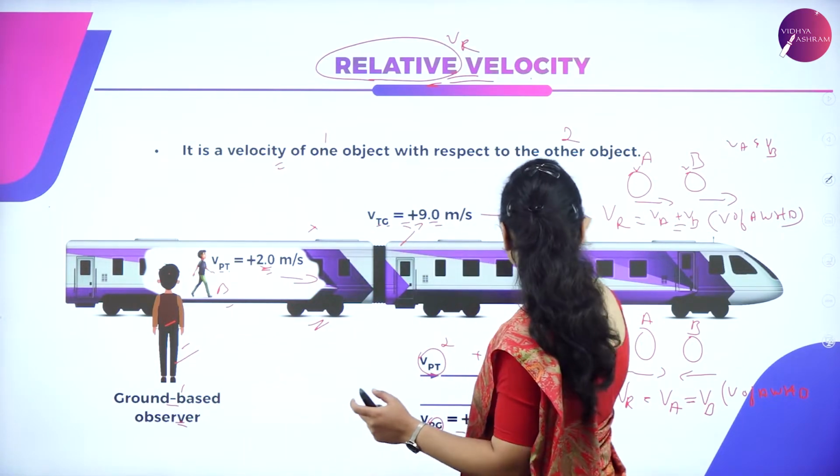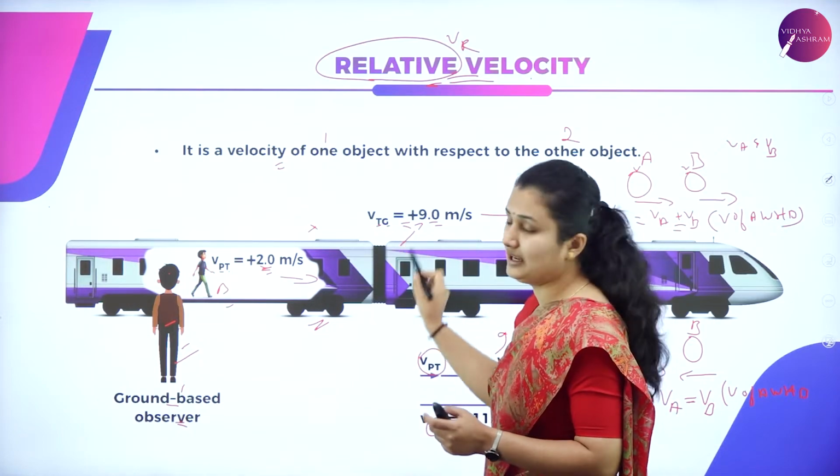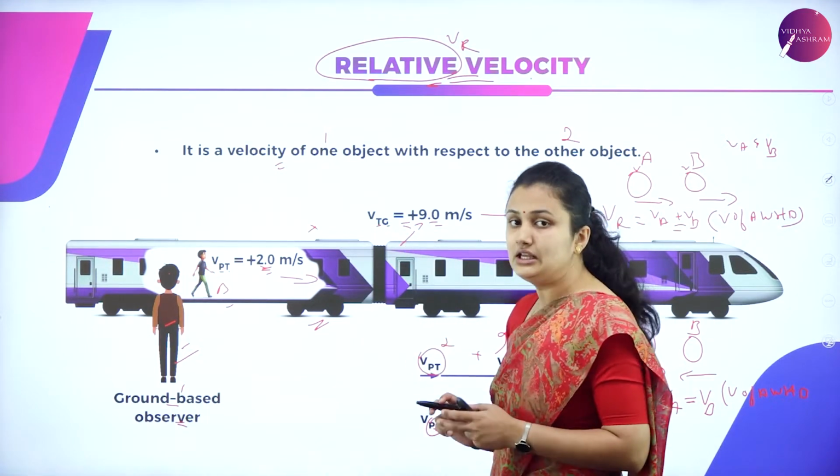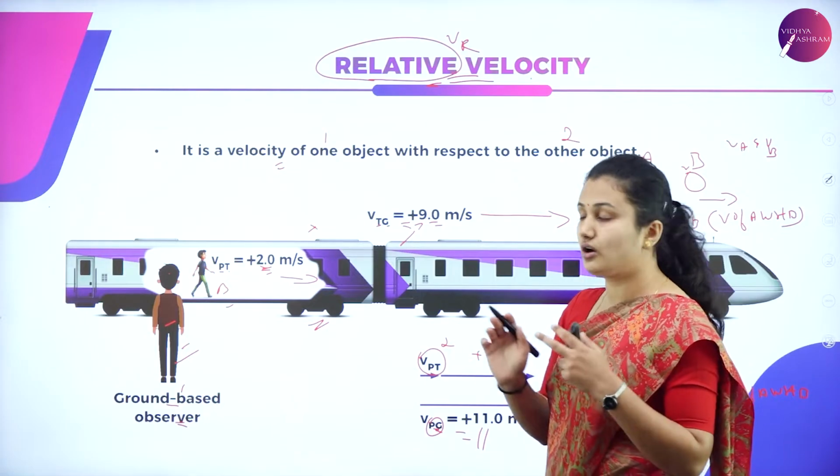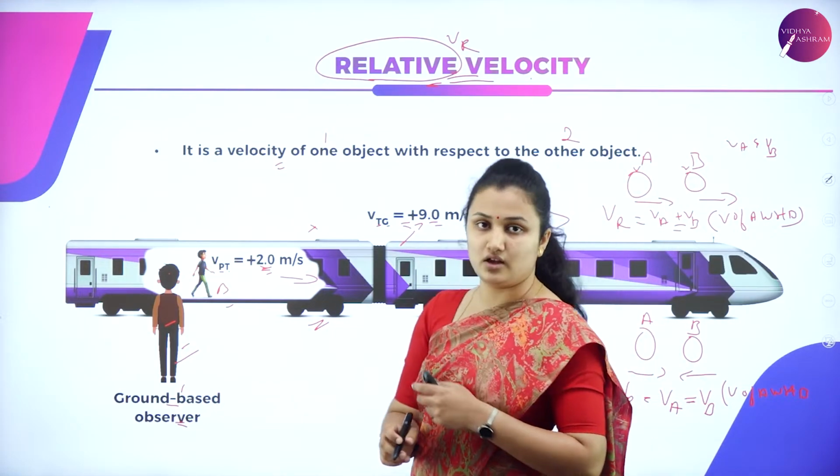This is cleanly explained by the train example that I have illustrated here, which will help you to understand the concept of relative velocity.